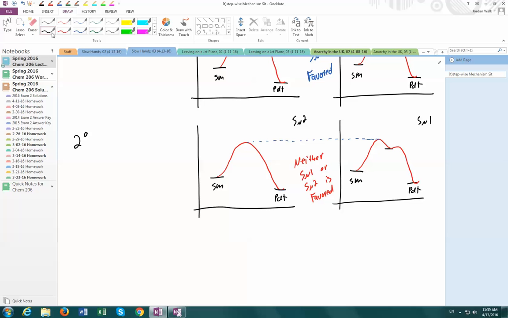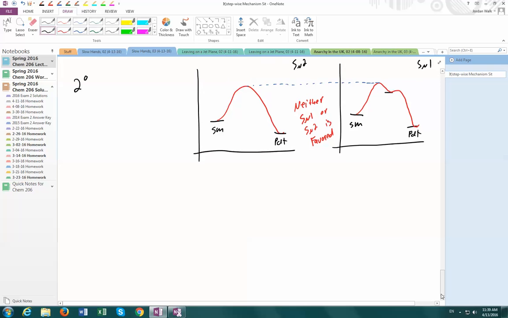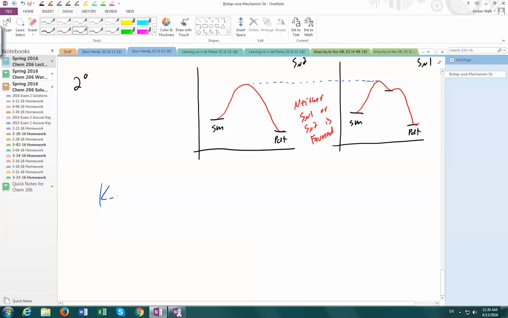Okay, so let's go ahead and say that we have a key point. And so our key point is we have a methyl, a primary, a secondary, and a tertiary. And so if we see tertiary, you're going to want to think SN1. It's going to go SN1 pretty much all the time in this class.